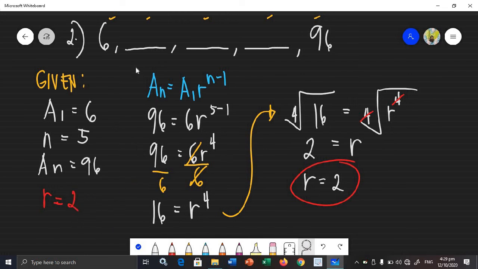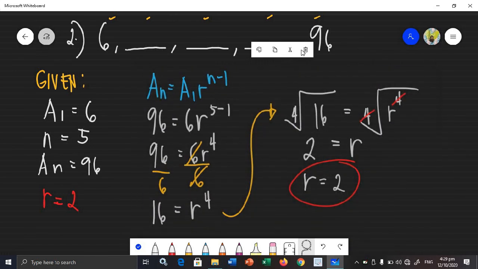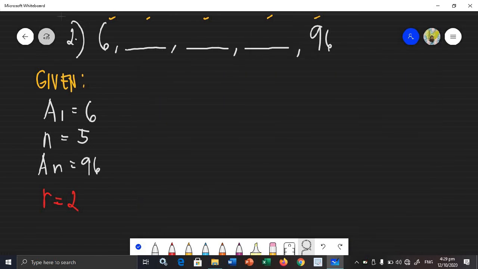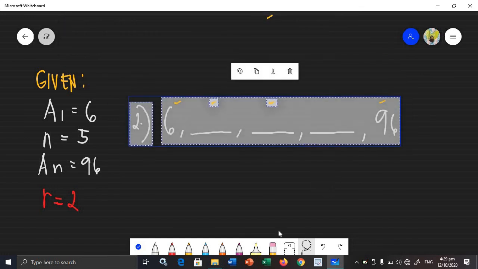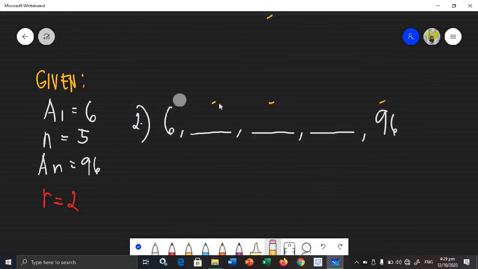Okay? Now that you know the value of the common ratio or your r, we can now solve for the means of the geometric sequence. Pwede na natin yung i-solve ngayon. So, your r is 2, so we need to multiply the first term by 2. 6 times 2, the answer is 12. And then 12 times 2, the answer is 24.